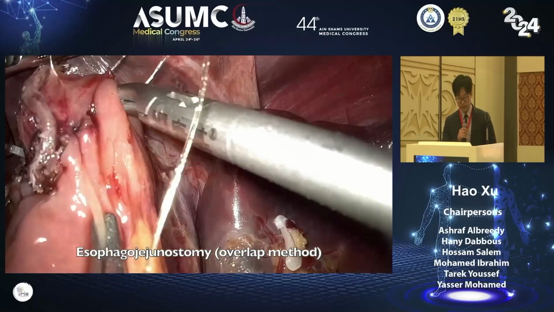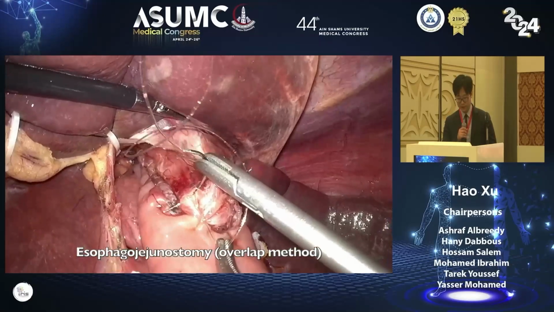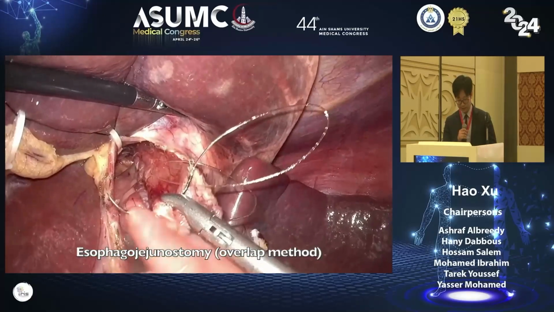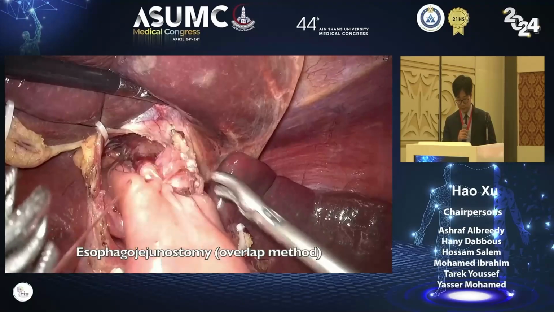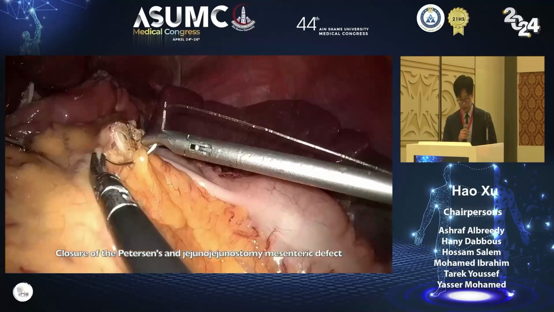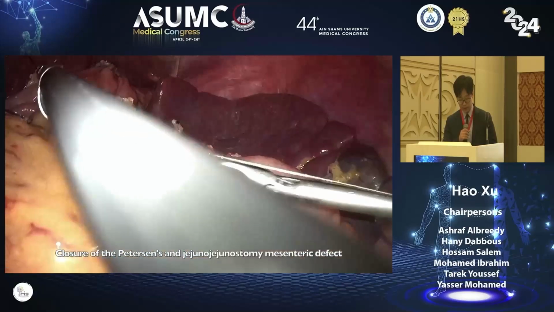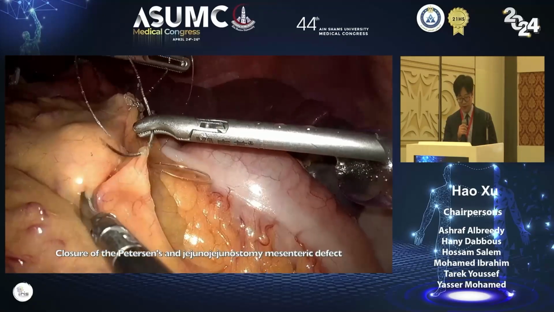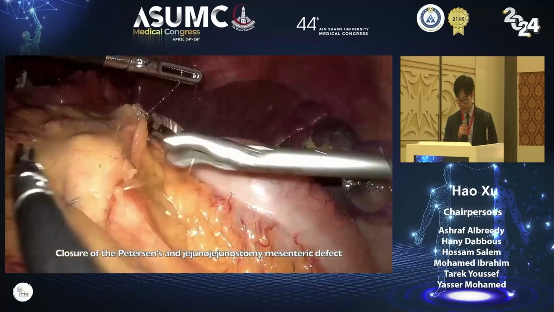And we use another thread for reinforcement. We use another barbed thread to close the Peterson's and mesenteric defects to prevent internal hernia.